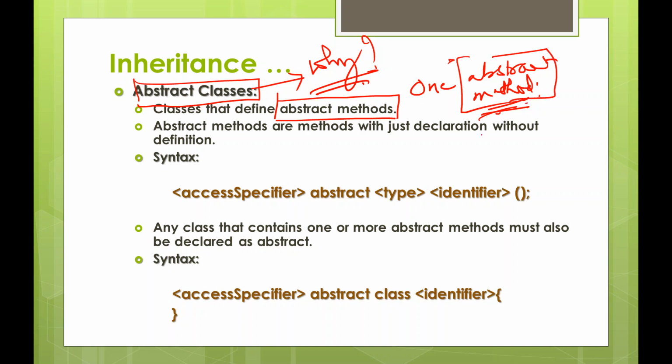So what is an abstract method? An abstract method is nothing but a method with just a declaration. It will not have a definition of that particular method.